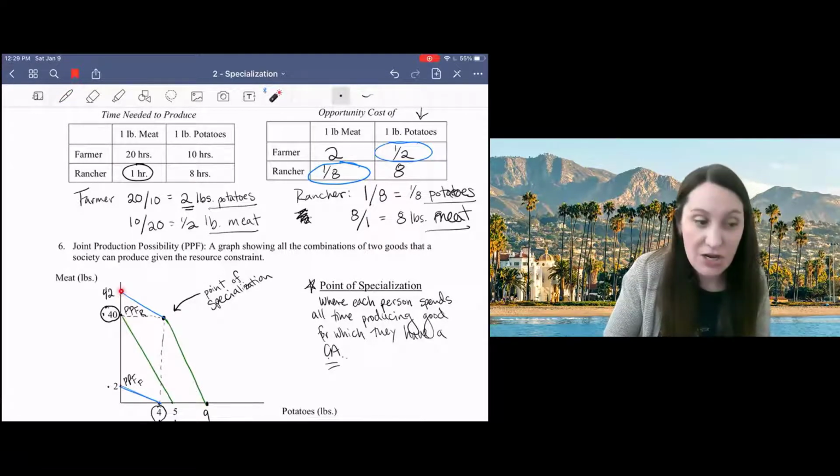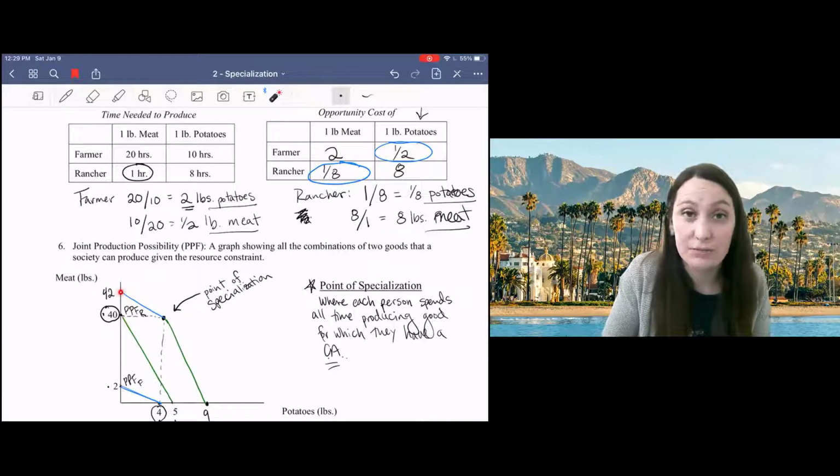To see that, we want to think about, say, starting here at this point with all meat and no potatoes. If we have all meat and no potatoes, maybe somebody is like, I want a potato. Who should produce that potato? Who should produce the first pound of potatoes? The farmer, right?